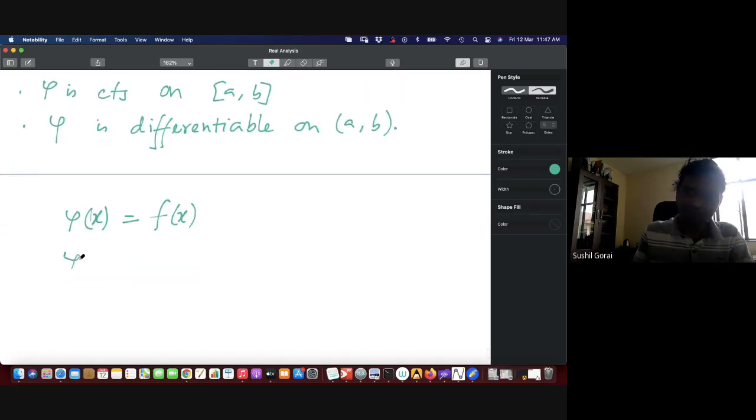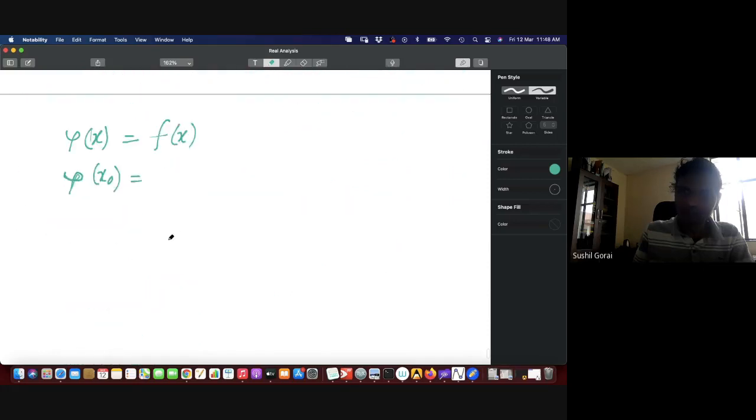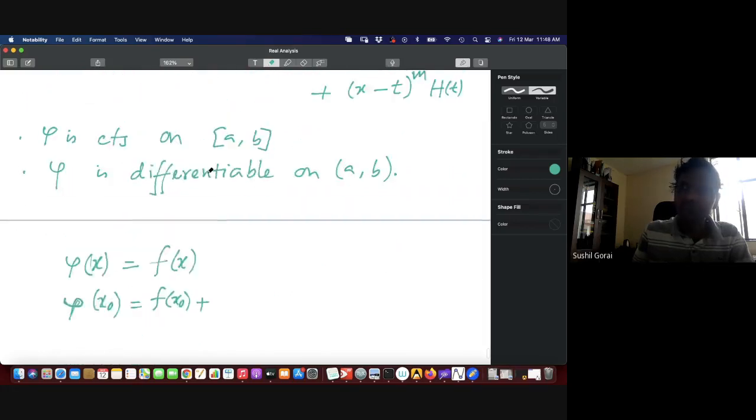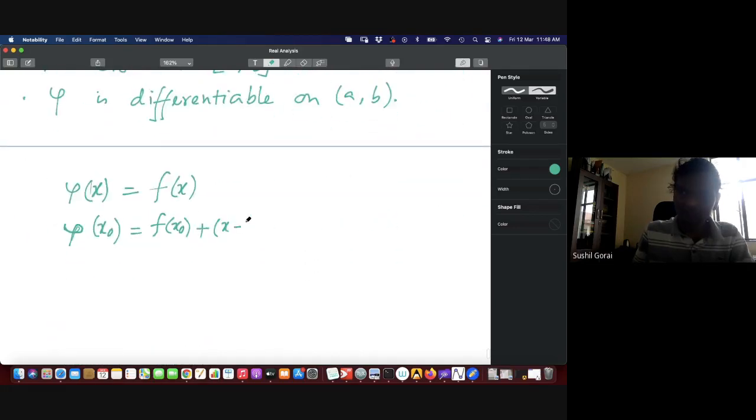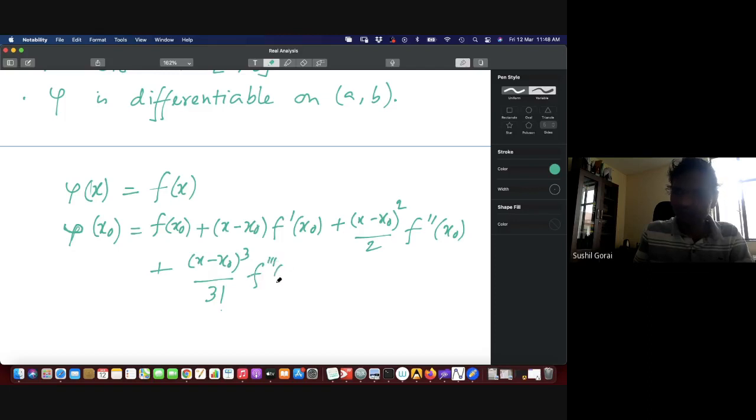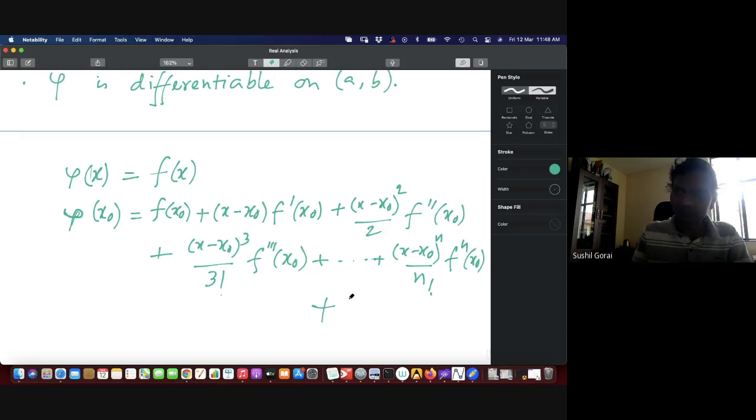And what is phi of x naught? If you put x naught here, f of x naught plus (x minus x naught) f prime x naught plus (x minus x naught) squared by 2 f double prime x naught plus (x minus x naught) cubed by 3 factorial f triple prime x naught, plus (x minus x naught) to the power n by factorial n, f n x naught, plus (x minus x naught) power m h of x, right?